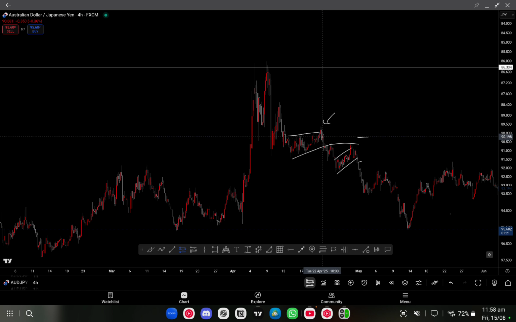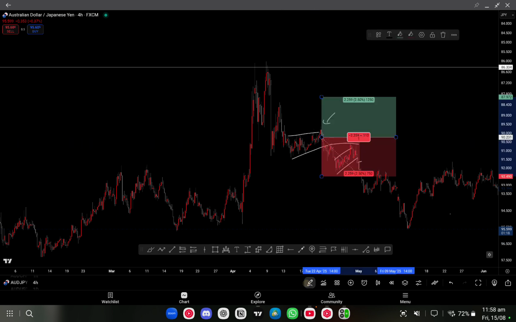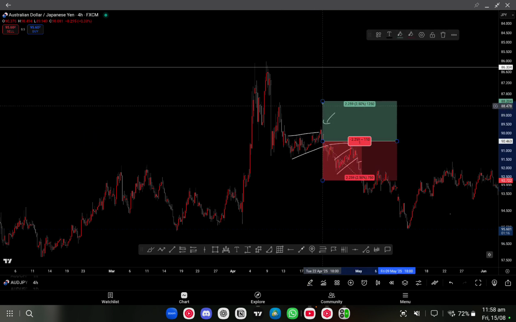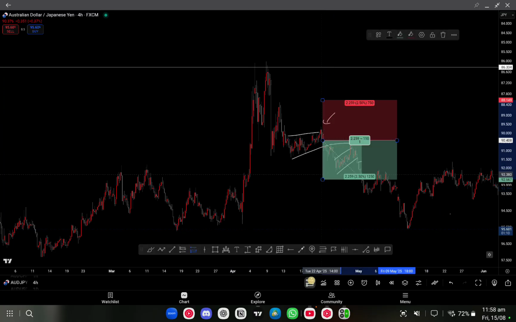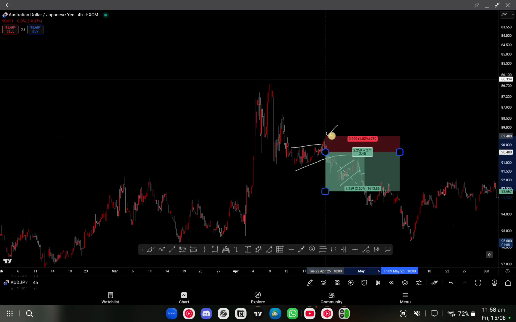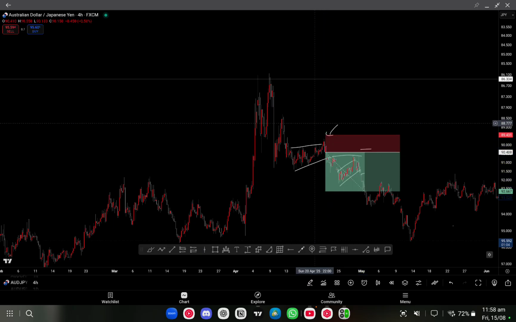So as we look at it over here, if you wanted to take it on the close, let's just say we took it on the actual 4 hour close there, and I forgot my chart's inverted, give me a second. Take it over here, and we put the stops just above. I think I would probably go with just above here. I don't personally care too much about how large a stop loss is, unless it's very tight.